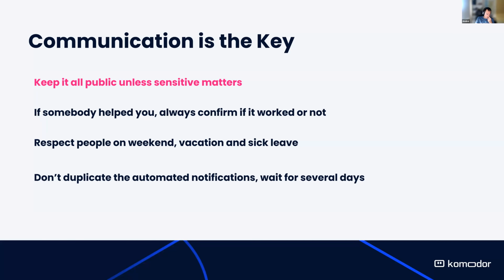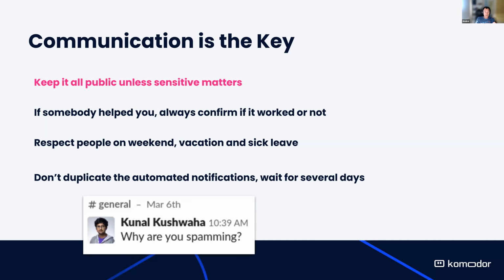And rely on automated notifications, because GitHub and other systems notify the people involved that a pull request has been created, or that a message has been sent into the pull request. The maintainers and participants all see that. And what Kunal says on that: why are you spamming? Don't send the same message into multiple channels.